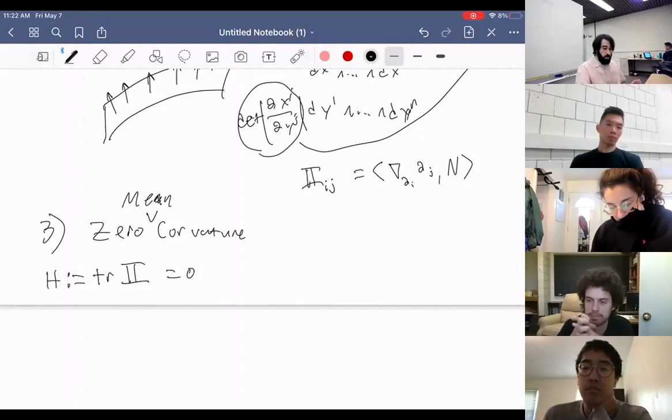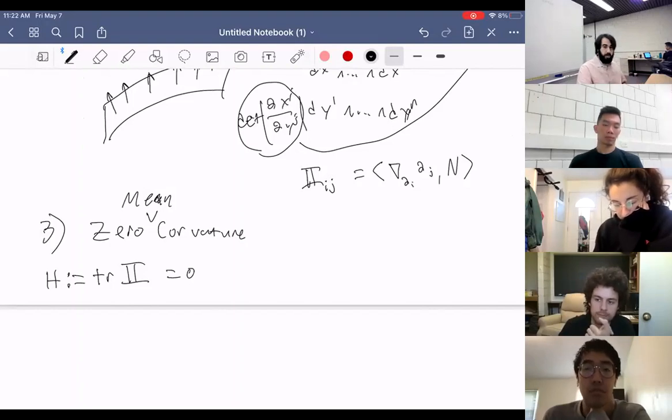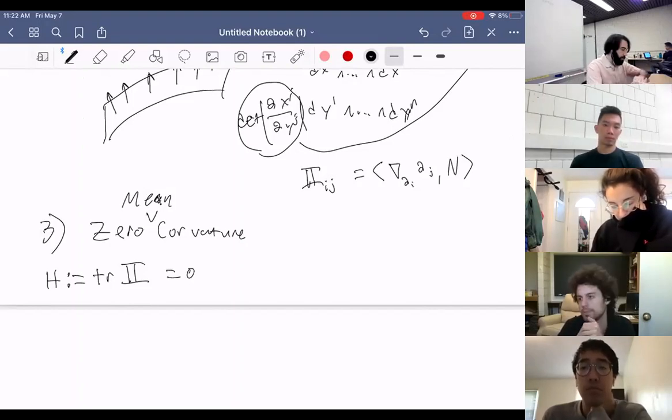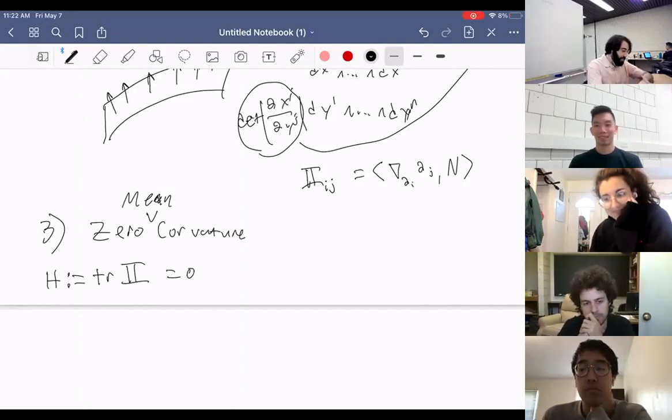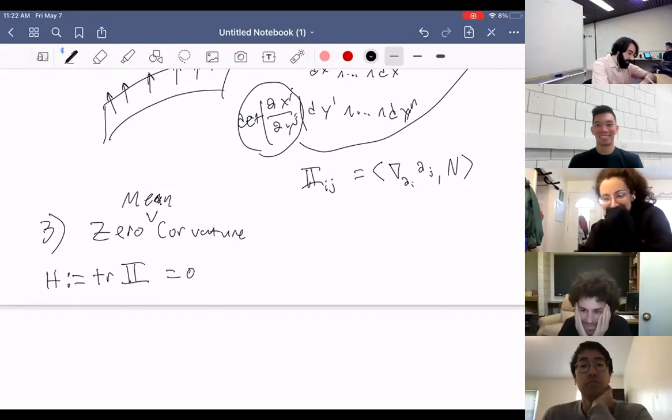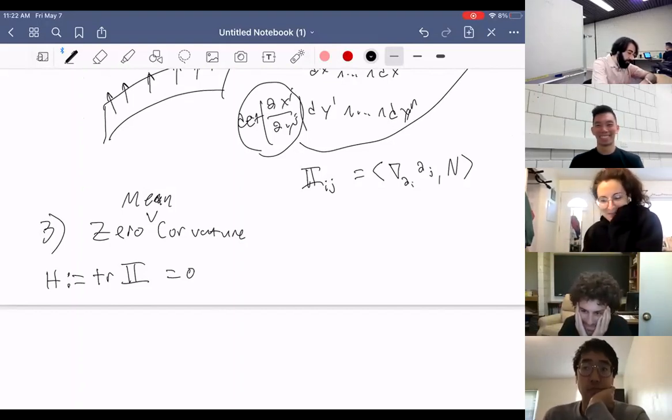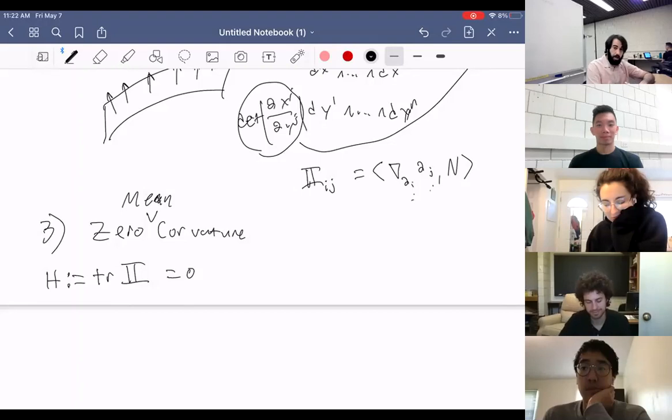Okay, so what does that mean? No pun intended. What that means is, if you look at the second fundamental form here, we have the covariant derivative of partial J with respect to partial I, right?